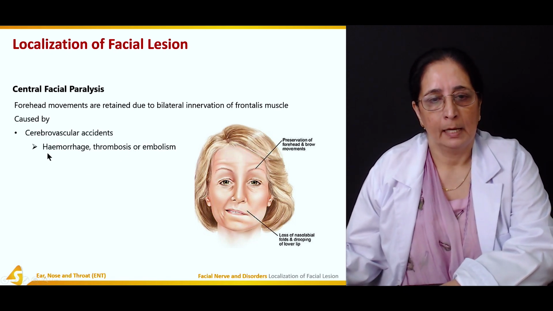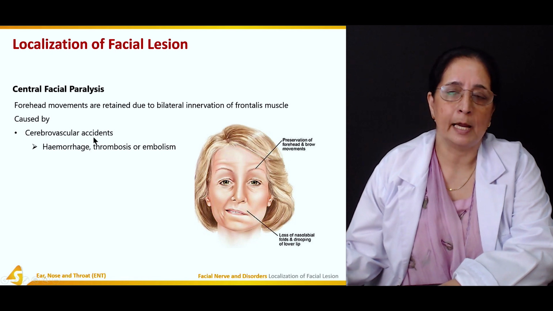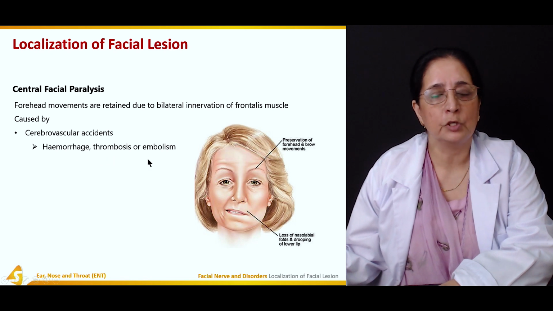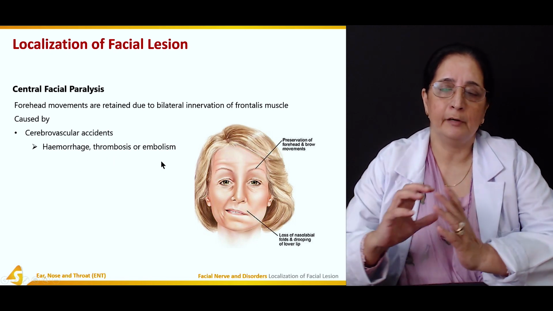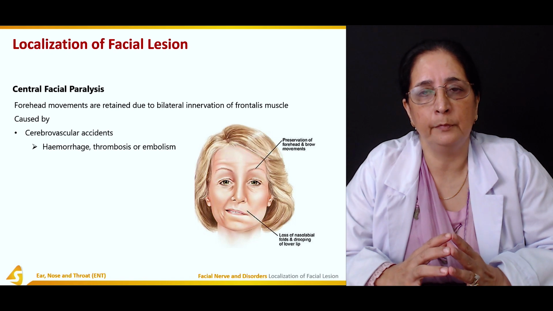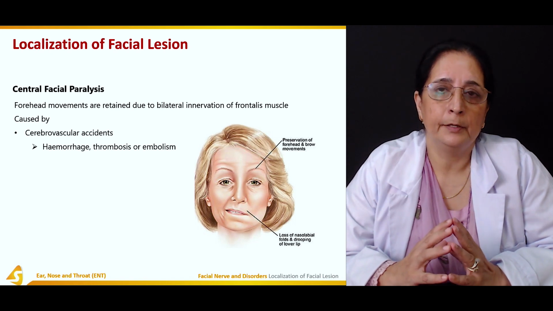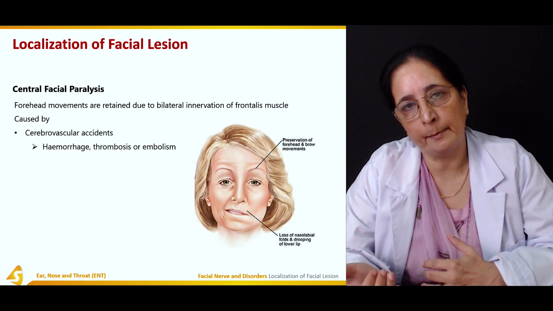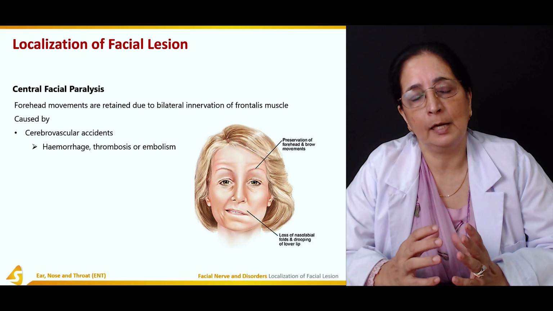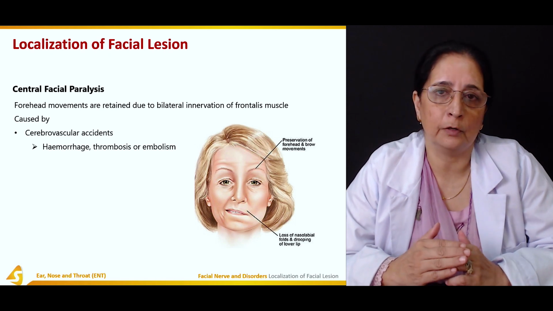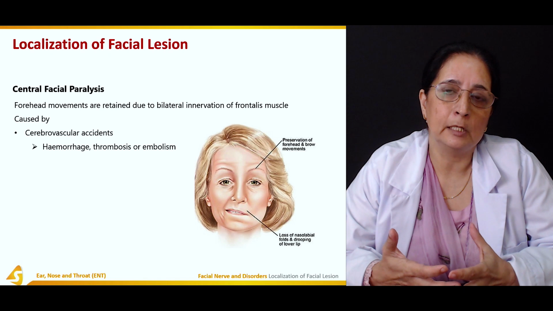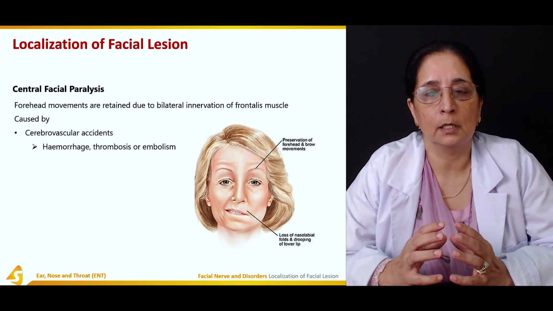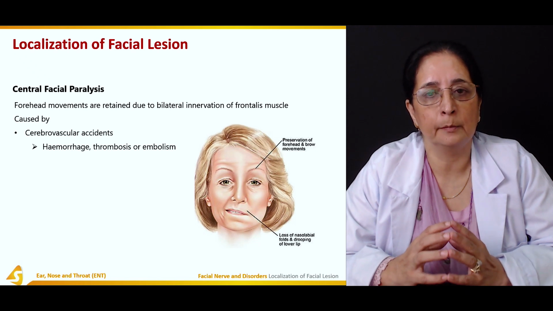Caused by cerebrovascular accident, CVA, hemorrhage, thrombosis or embolism. If there is rupture of the cerebral vessels due to high blood pressure or any other reason, and there is hemorrhage, or if there is blockage of the blood vessel as a result of thrombus or embolism, it can cause central facial paralysis.